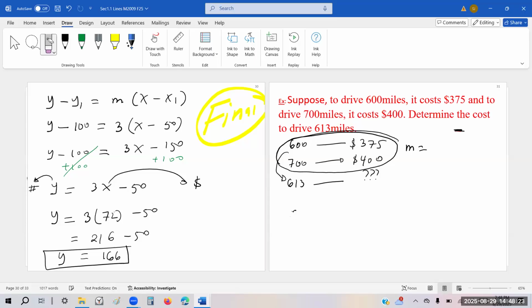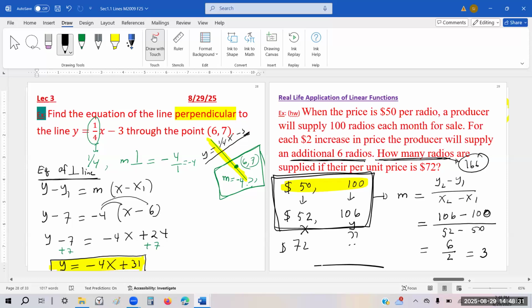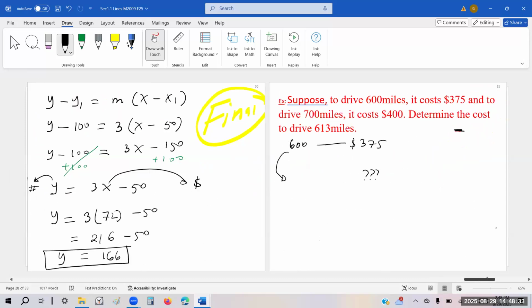Okay, I have to write it again, no problem. 700 gives us $400.